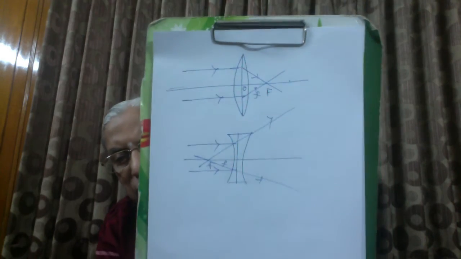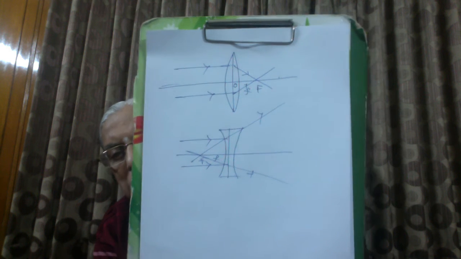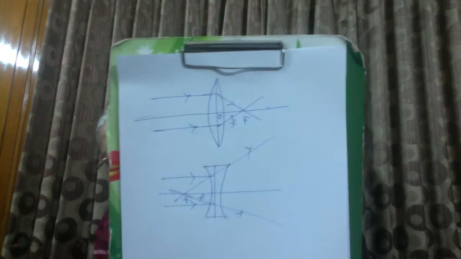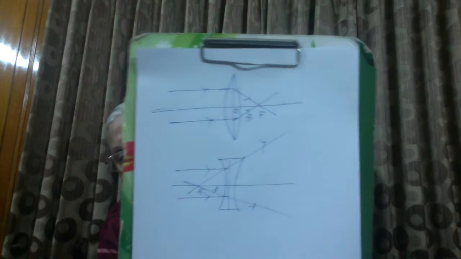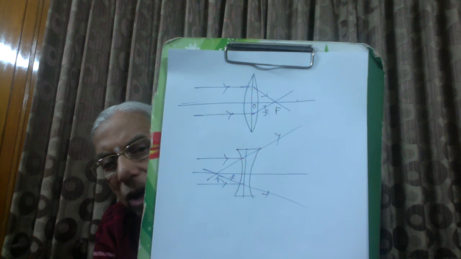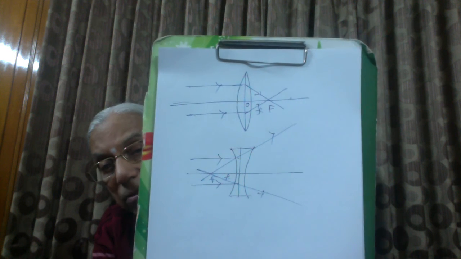For our sake of reference, to define principal focus, you find that principal focus is formed in front of the lens, or behind the lens, or you can say on the same side of the lens. Are you able to follow? And the distance between O and F is called focal length.